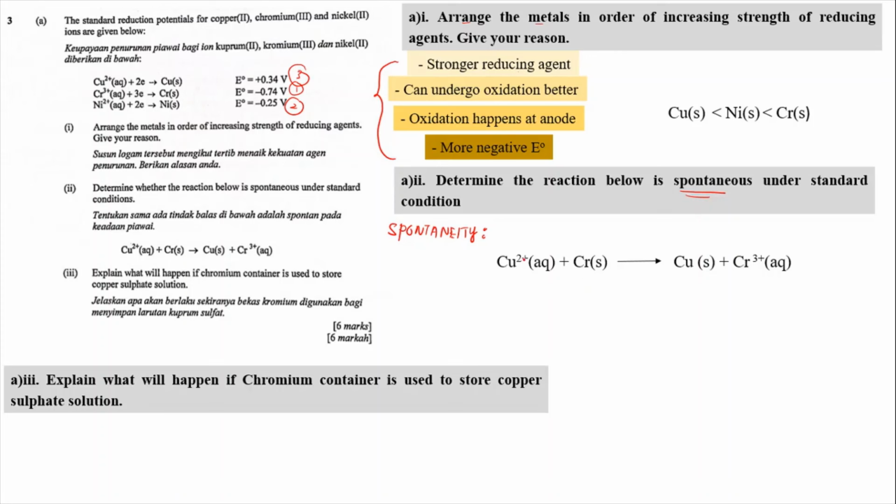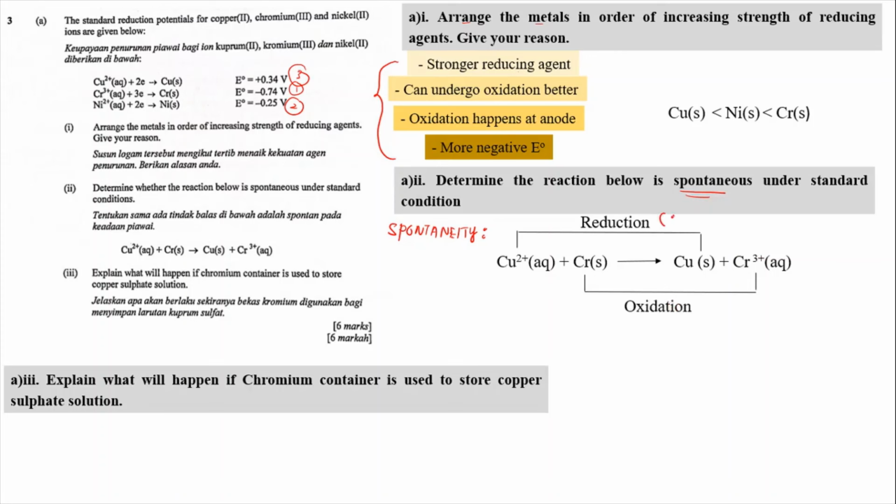And then we need to decide which ions will undergo reduction and which will undergo oxidation. As you can see, the copper 2+ will undergo reduction to produce the copper solid. The chromium solid will undergo oxidation to produce chromium 3+. There's an increase in the oxidation number, so this one is oxidation.